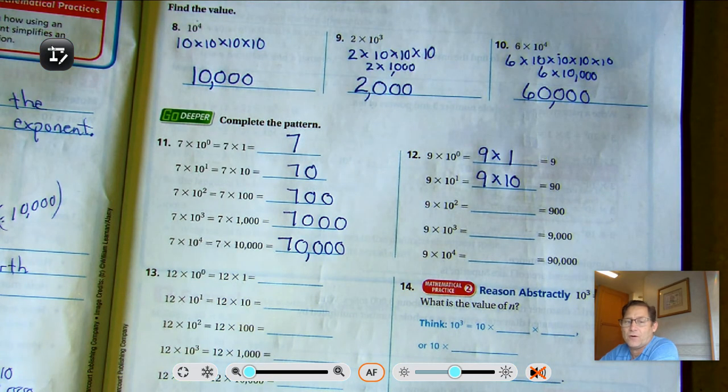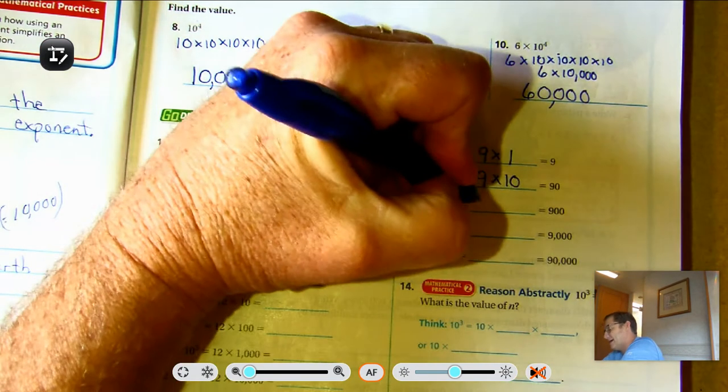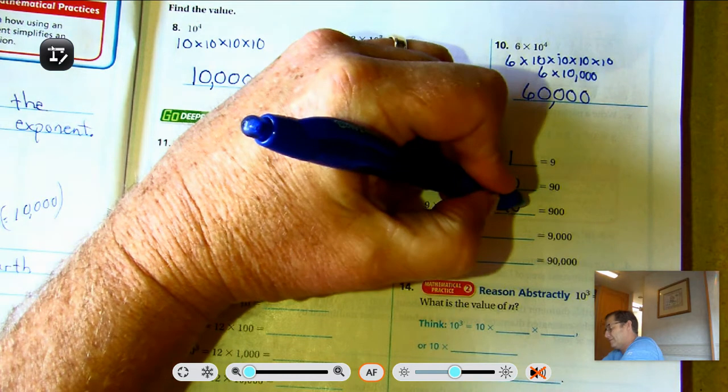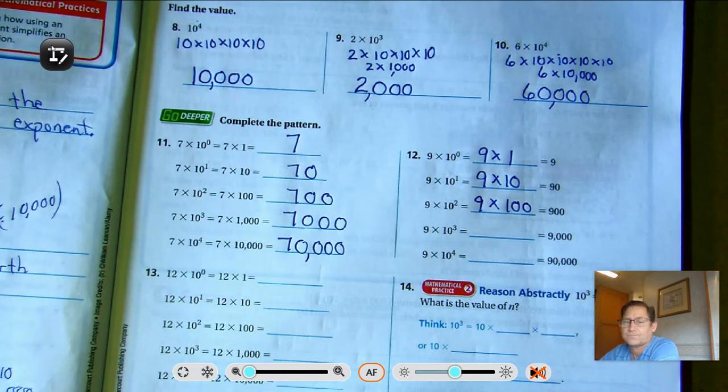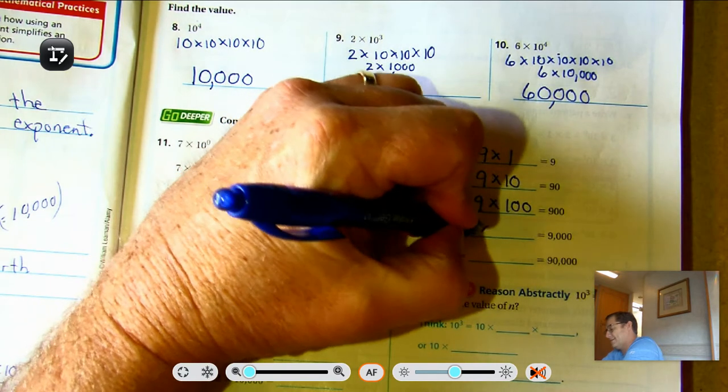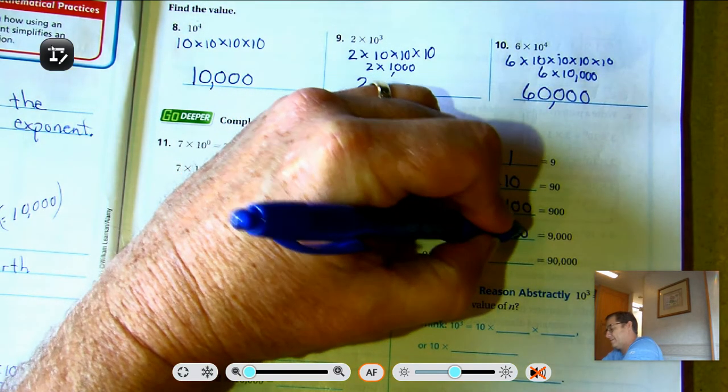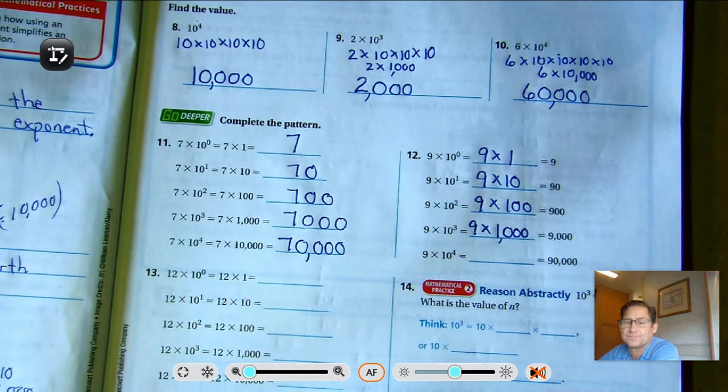The second power of 10 times 9 is 9 times 100, which would be 900. 9 times the third power of 10 would be 9 times 1,000.